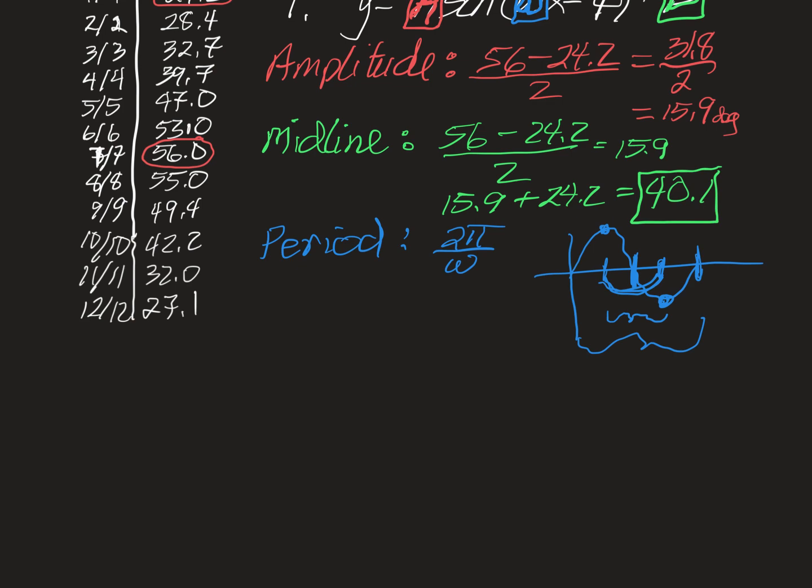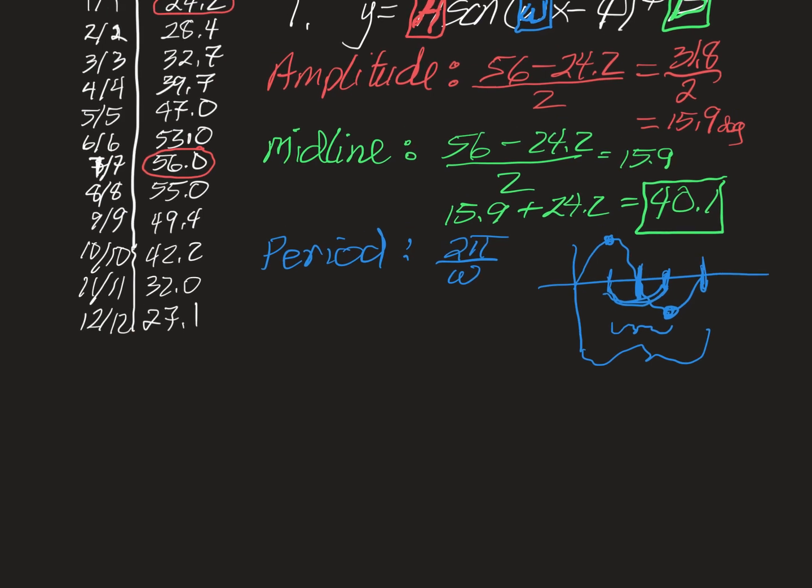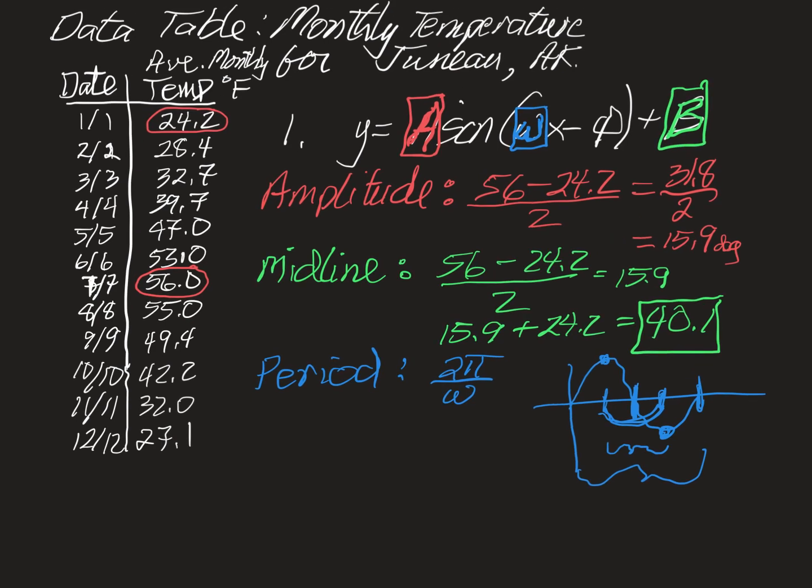So the distance between 56 and 24.2, so we take 56 minus 24.2, which we found before is 31.8. That is, excuse me, half the period, okay?